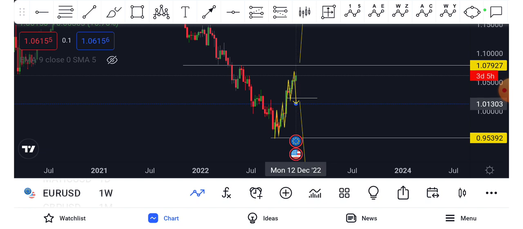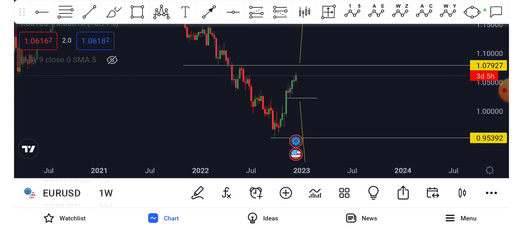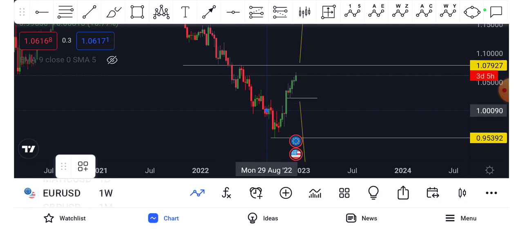Once it breaks it, then you expect a little pullback here, which automatically gives you a head and shoulders, and gentlemen, we will crash down immediately. That is the rule. Then, if it doesn't happen in that form, and it decides to move the other way, because this market is all about probability, but you must ensure that you are on the right side of the market.